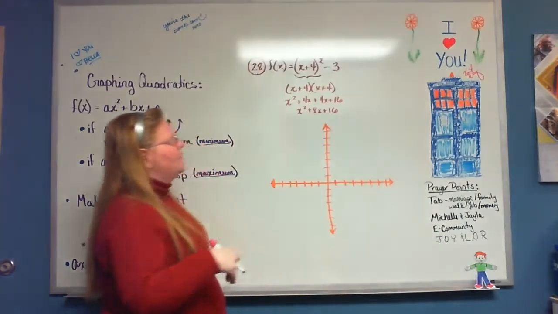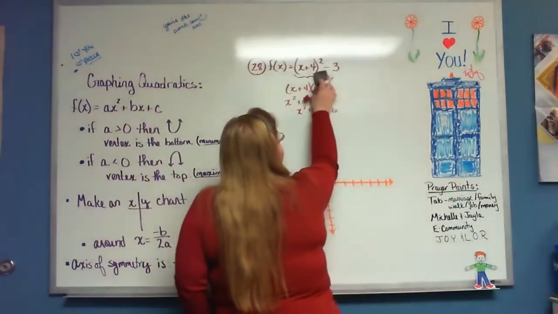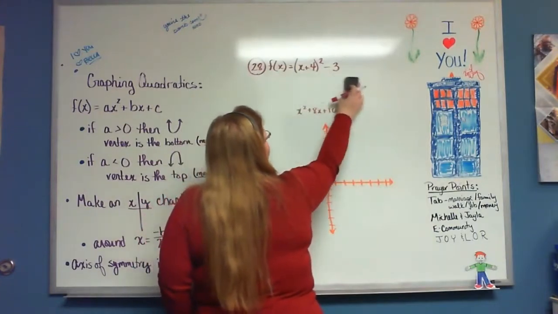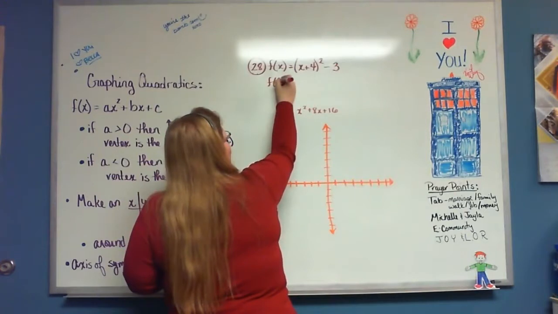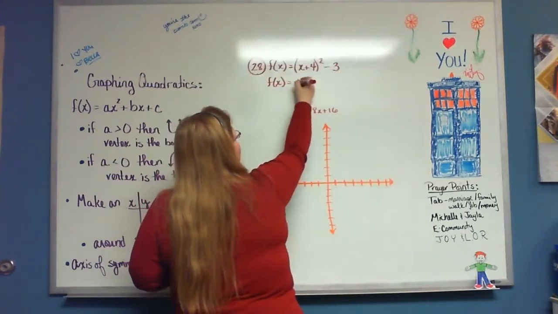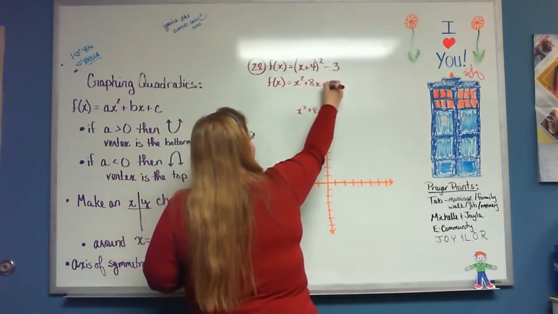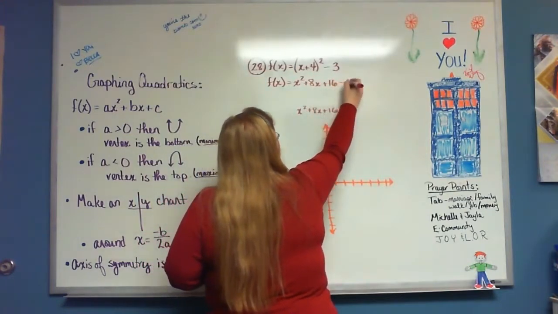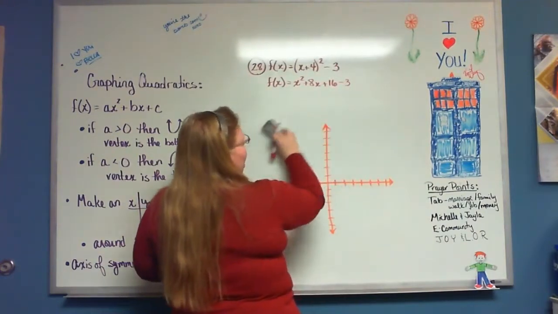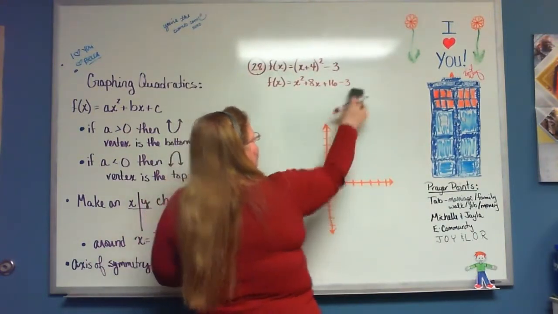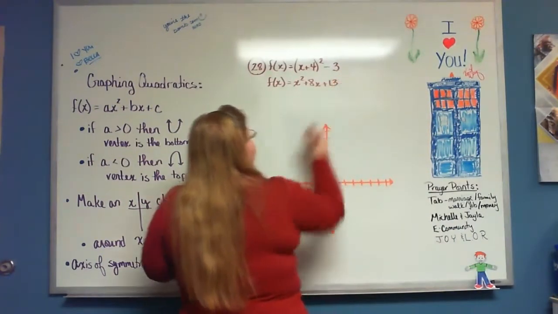But I don't want to take up all that space for it. So I'm going to back all this stuff up and just change it so that it says f of x is equal to x squared plus 8x plus 16 minus 3. But wait, we can do 16 minus 3. 16 minus 3 is just 13. So we get that.